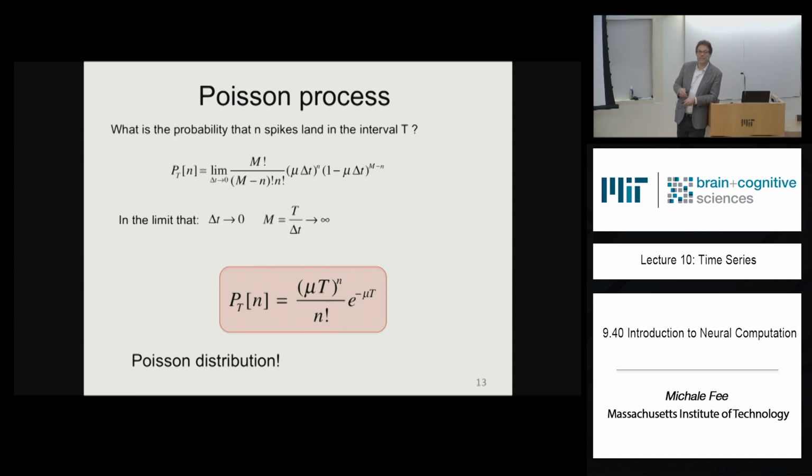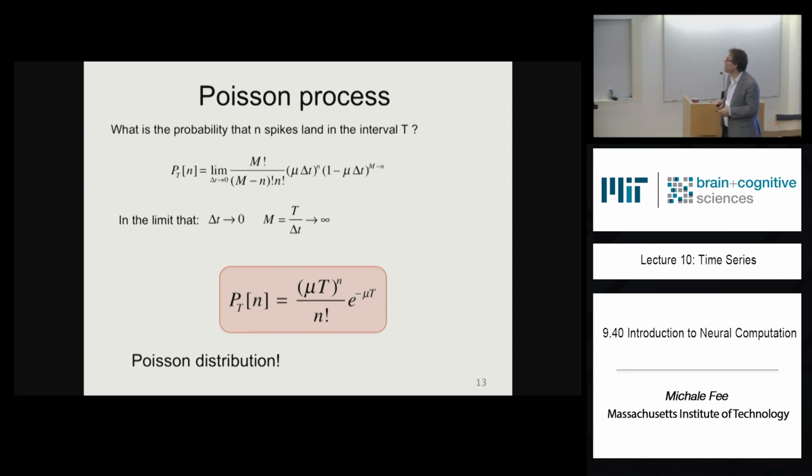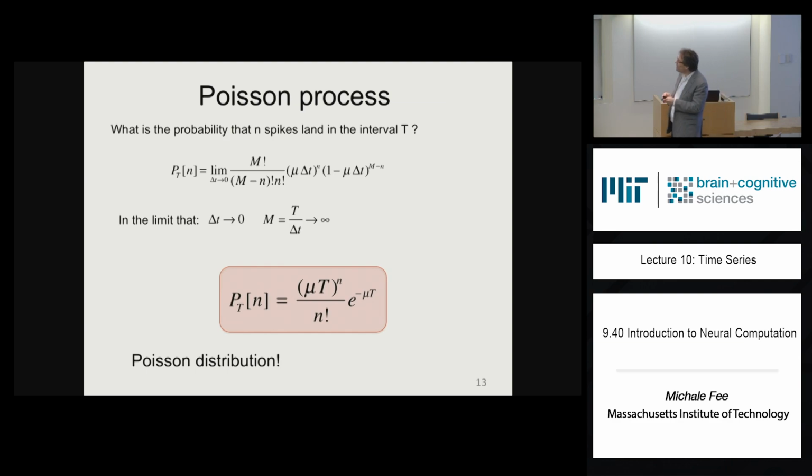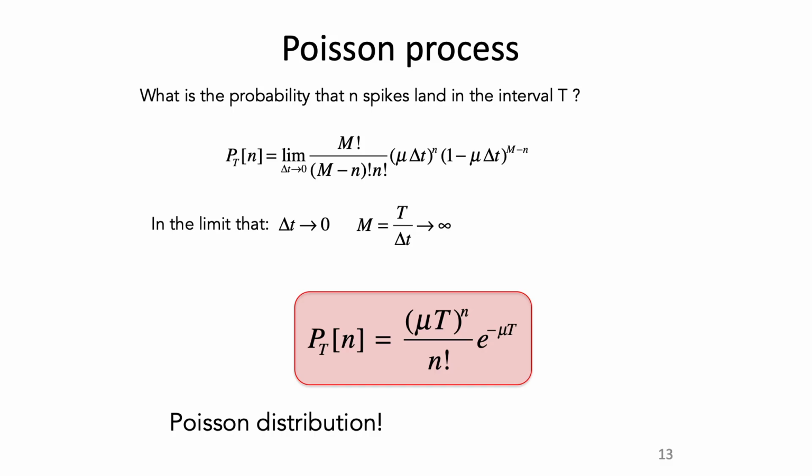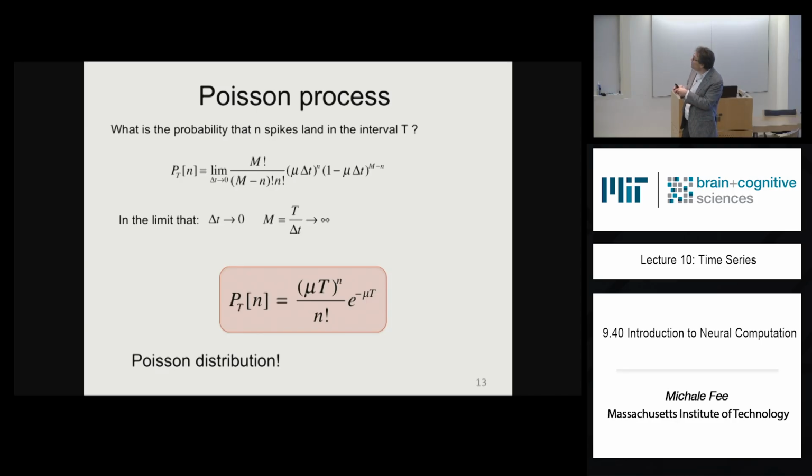I've put the full derivation at the end so that we don't have to go through it in class, but it's fun to look at anyway. In the limit that delta t goes to 0, the number of bins goes to infinity, because the number of bins is just capital T divided by delta t. So you can go through each of those terms and calculate what happens to them in that limit.